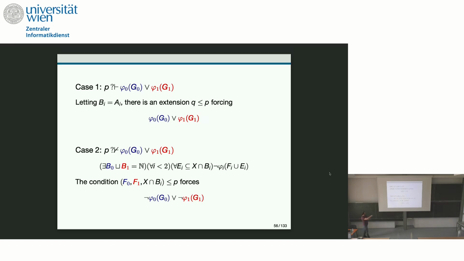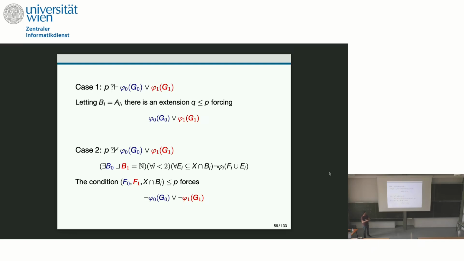This 2 partition tells you that from now on, if E0 is compatible with B0, then the property phi0 will not hold, and same for phi1. So saying if you are compatible with my 2 partition, these 2 partitions which have nothing to do with A0, A1, then you will have the negation of the formula.